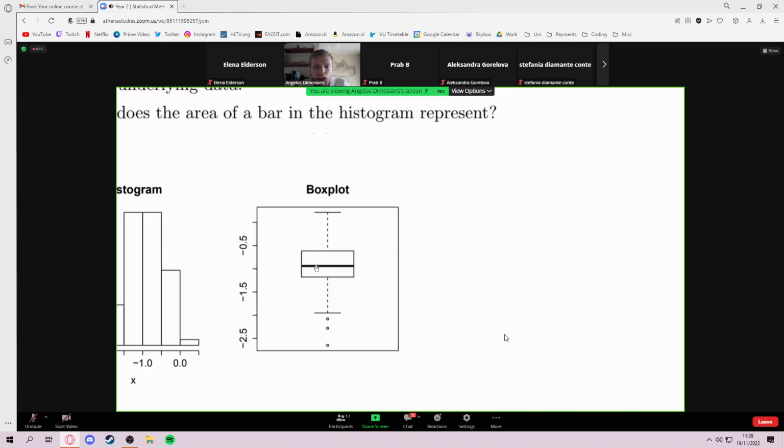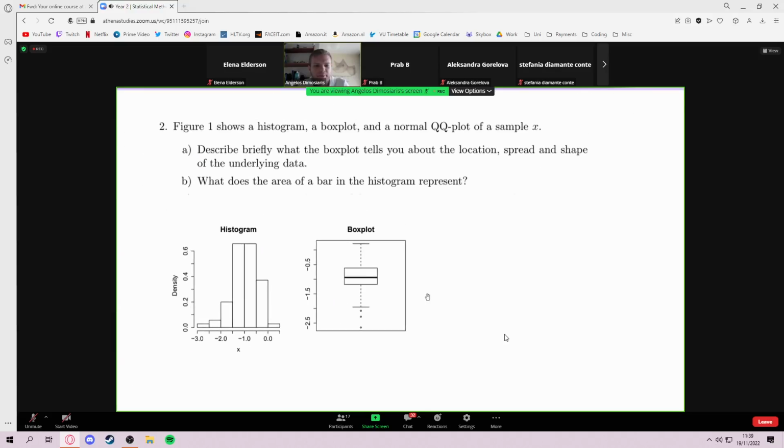If it's closer to this line here, to the Q3 line, yes, it will be a left skewed distribution. So the top it's left and down it's right. Okay. Exactly. Thank you. No worries.